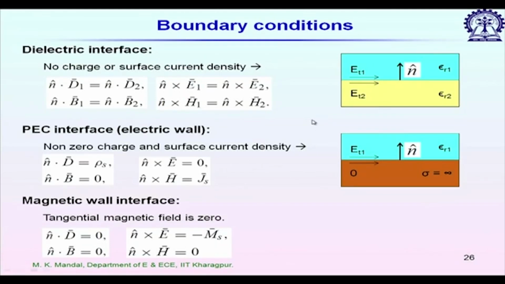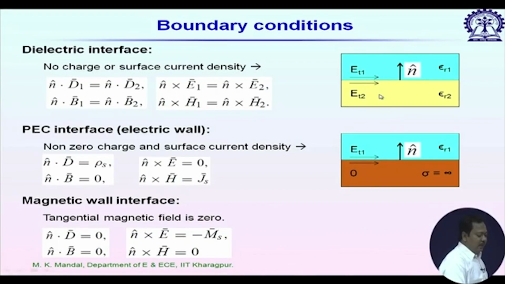Next, boundary conditions. Let us first consider a dielectric boundary. The first medium has a dielectric constant of epsilon r1, and the second medium has a dielectric constant of epsilon r2, and n cap represents the surface vector on the interface.